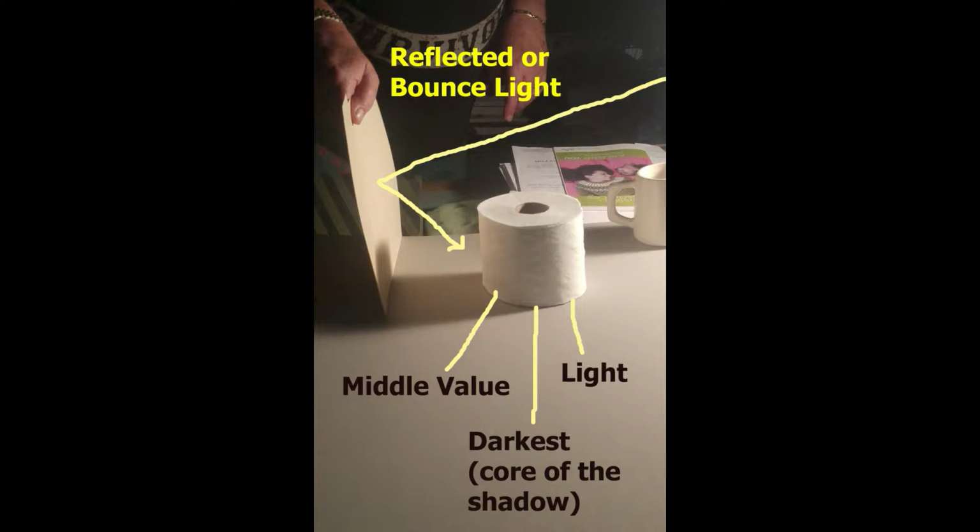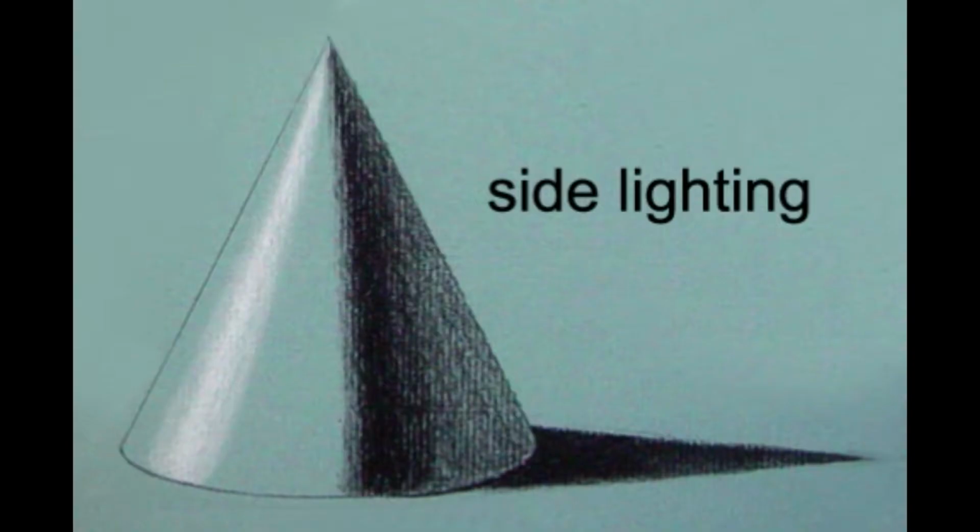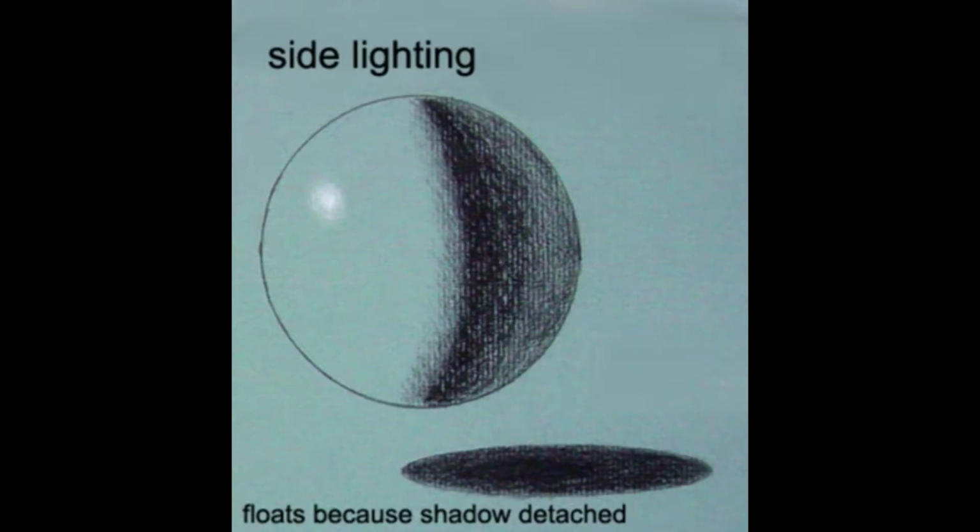That same basic pattern holds true of other geometric forms such as the cone and the sphere. Note in the drawing of the sphere that I've detached the cast shadow from the sphere itself, which gives the sensation of the sphere floating. Also, if a sphere happened to be lit exactly half in light and half in shadow, the turning edge, that dark band of value, would run vertical, a straight line.